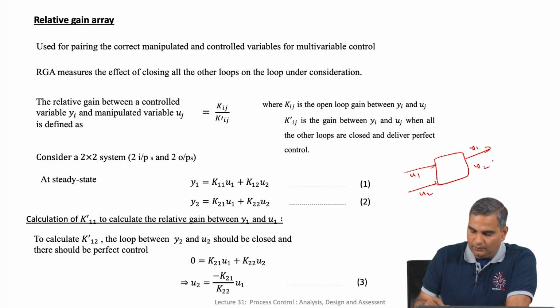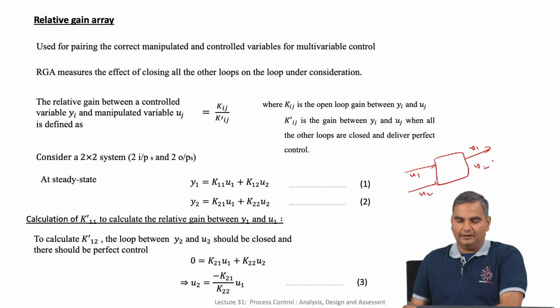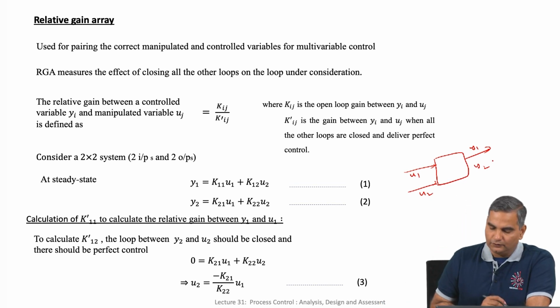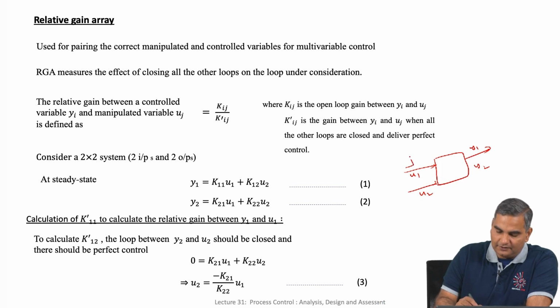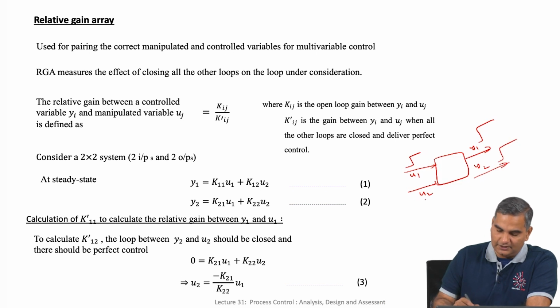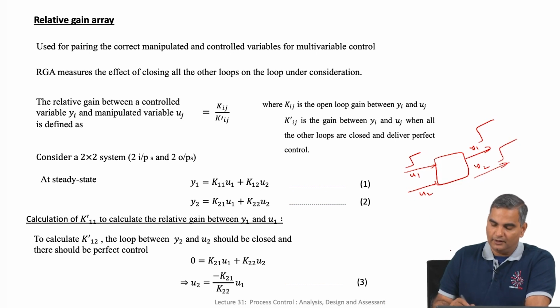Now, I can define a gain between each of these inputs and outputs. So, for example, if I give a step input here and this changes and obviously this will also change and I am not changing this. So, this is maintained at 0, then I can relate a gain to each of these.